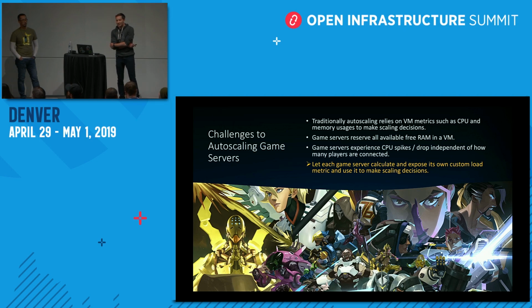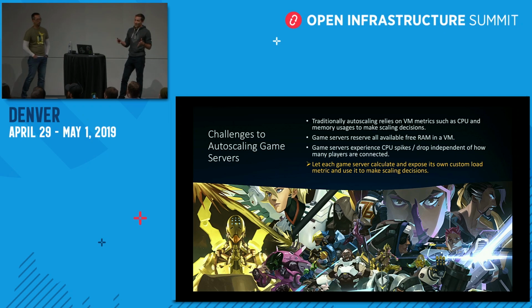Some more challenges that we faced. Traditional autoscaling relies on VM metrics such as CPU and memory usage to make scaling decisions. Game servers reserve all of the RAM on a VM, and the CPU utilization can spike depending on physics calculations or whether or not something is happening within the game servers.